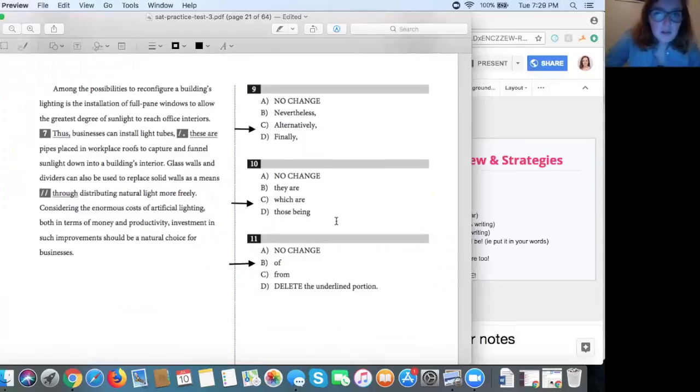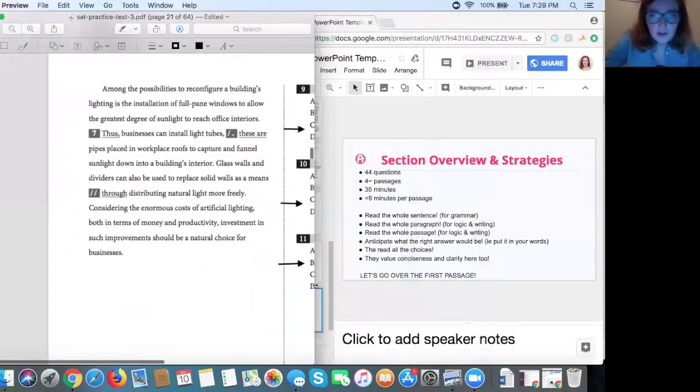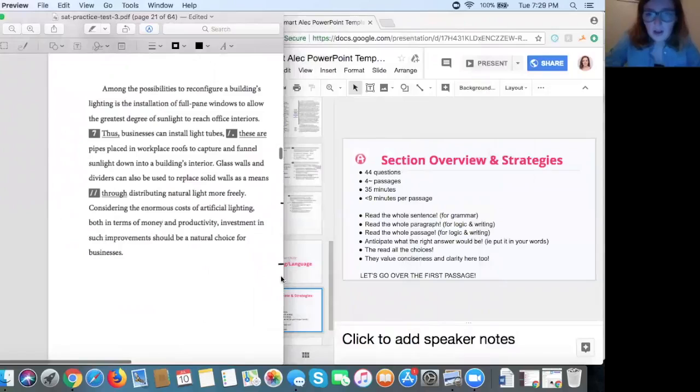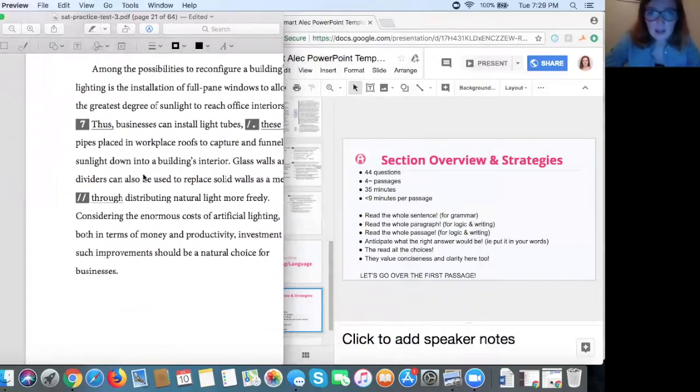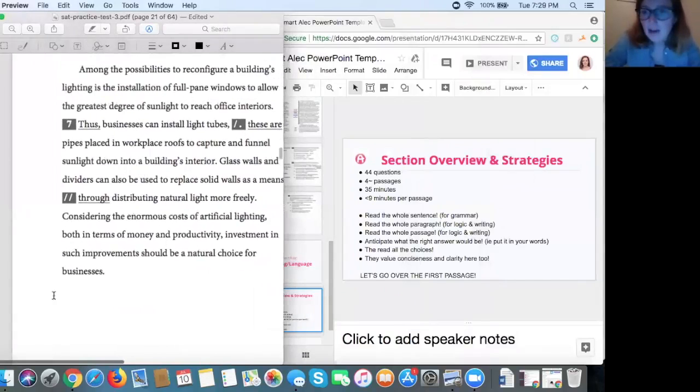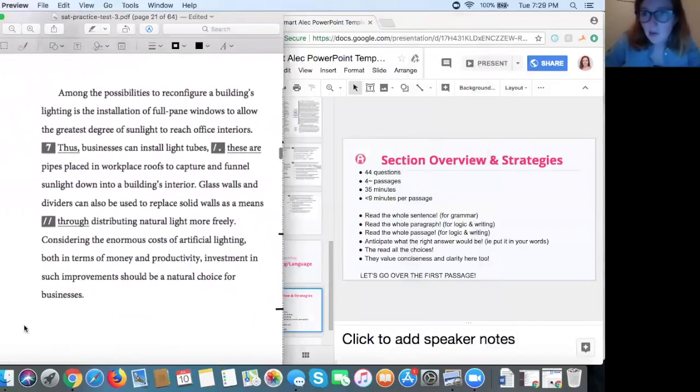So if I'm to skip looking at the responses, and I'm just looking at this myself, if I were imagining this is just some sort of piece of copy I was given and I'm going over it with my green pen, I would think, okay, so in my first sentence, I'm presented this option of the full pane windows.